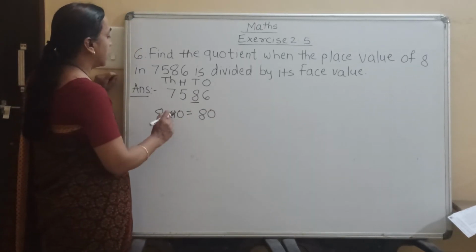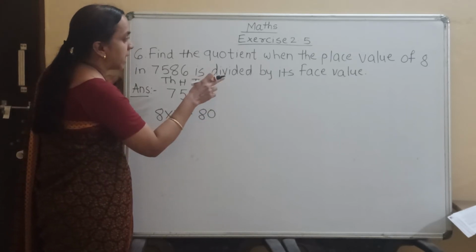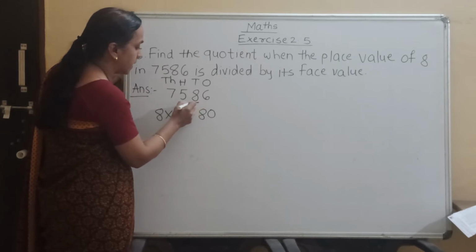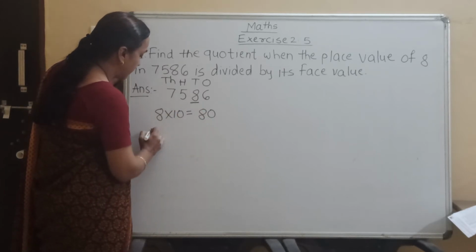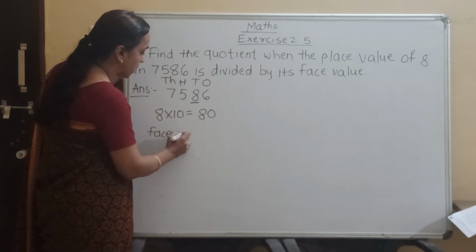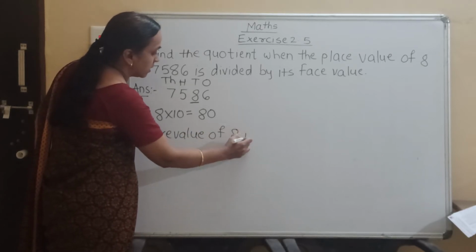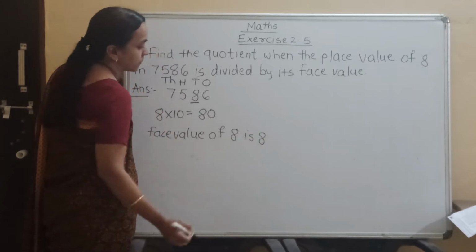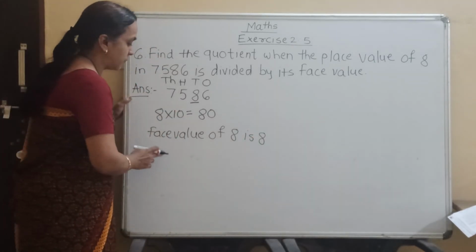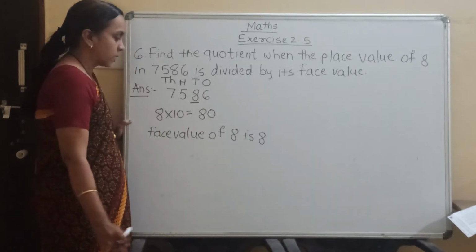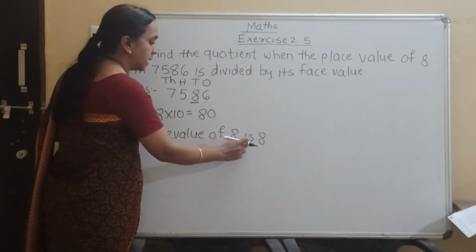And what is given? By its face value. So place value of 8 is 80 and face value of 8 is 8. Face value means we have to write down that same number. Okay, so face value of 8 is 8.